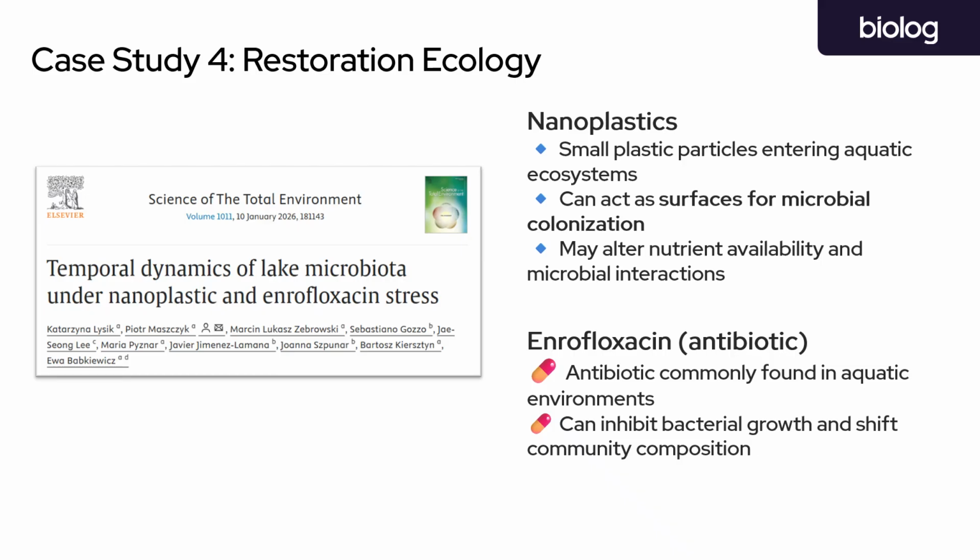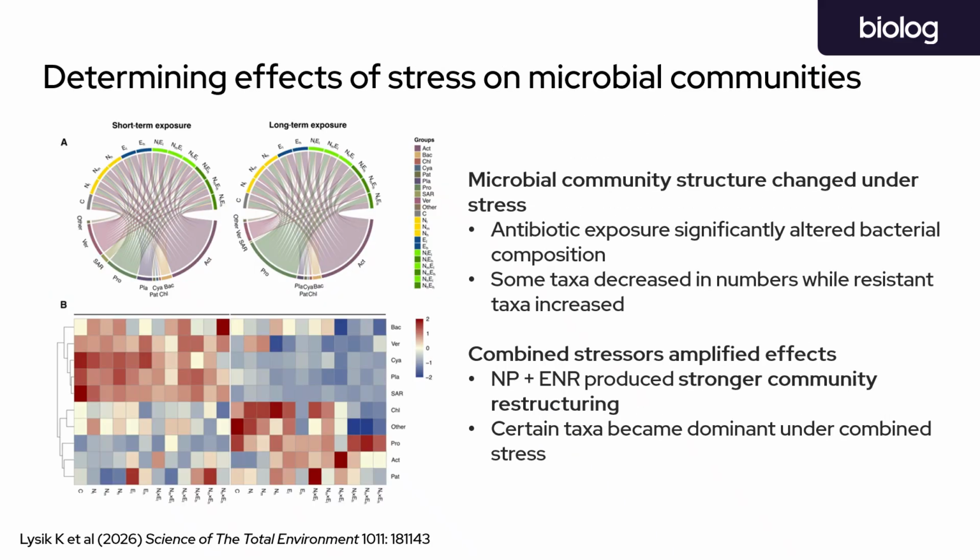And similarly, antibiotics are commonly found in aquatic environments, and there have been many studies before that describe how antibiotics actually restructure communities. So in this study, they used 16S. So this figure here is of 16S.